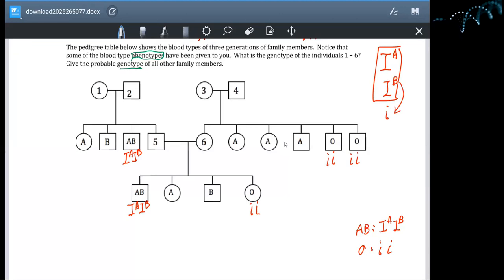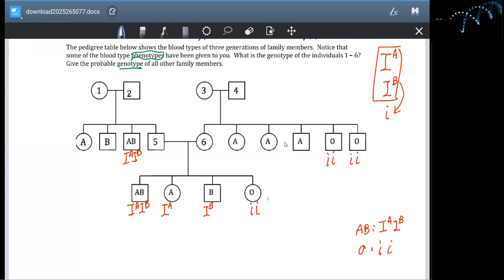Now, if you are A, of course you have a big IA. You just don't know what's the next one. It could be big IA, it could be little i. If you have B, of course you have a big IB. I just don't know the next one. So what would that be? I don't know. But let's look at this.